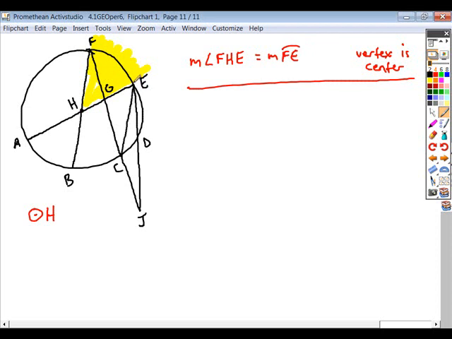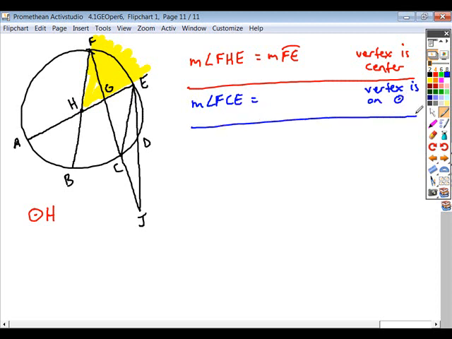angle FCE. So if we looked at the measure of angle FCE, what kind of angle are we dealing with? Here the vertex is where? It's inscribed, so it's on the circle.